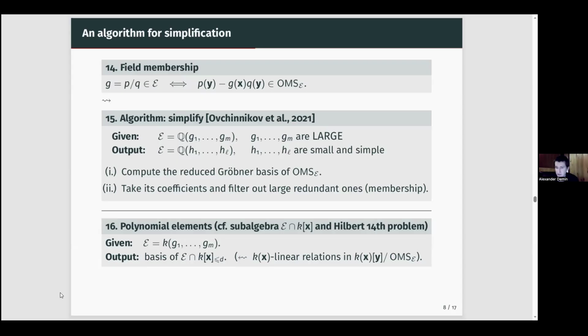This can also be framed as a computation with OMS ideals. These are just linear relations in the quotient ring. Note that this computation in box 16 can also be used to augment the output of the algorithm by Ovchinnikov and his colleagues. This is because if we can find some simple polynomial elements, this can probably be useful when we filter out other elements.